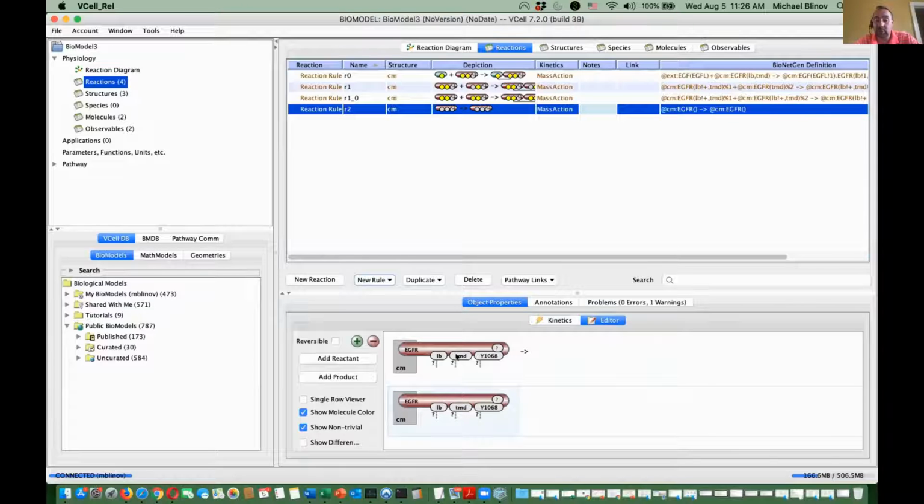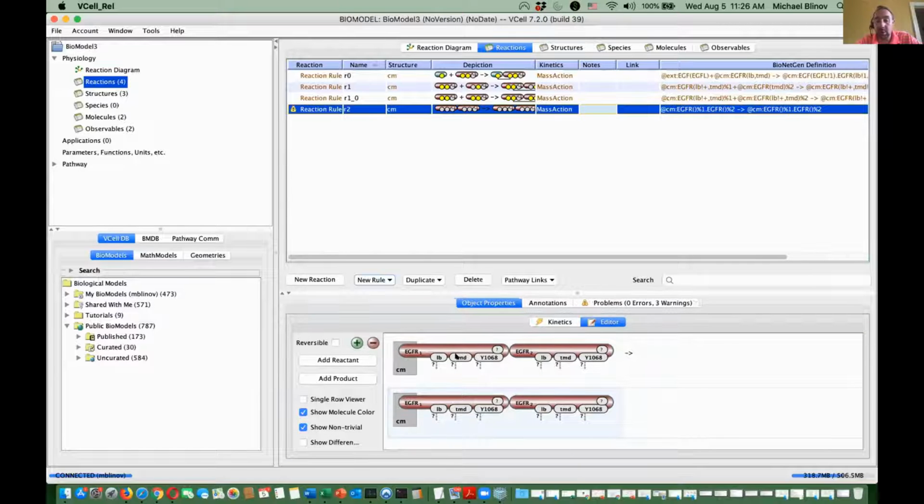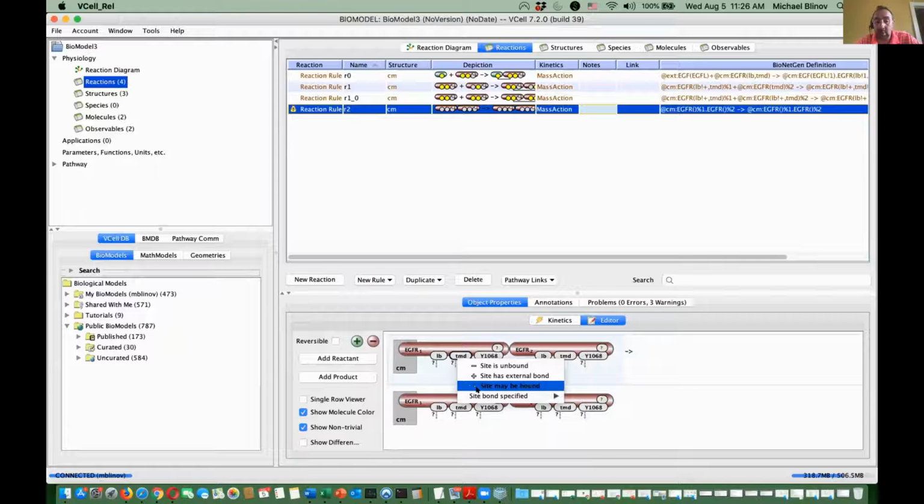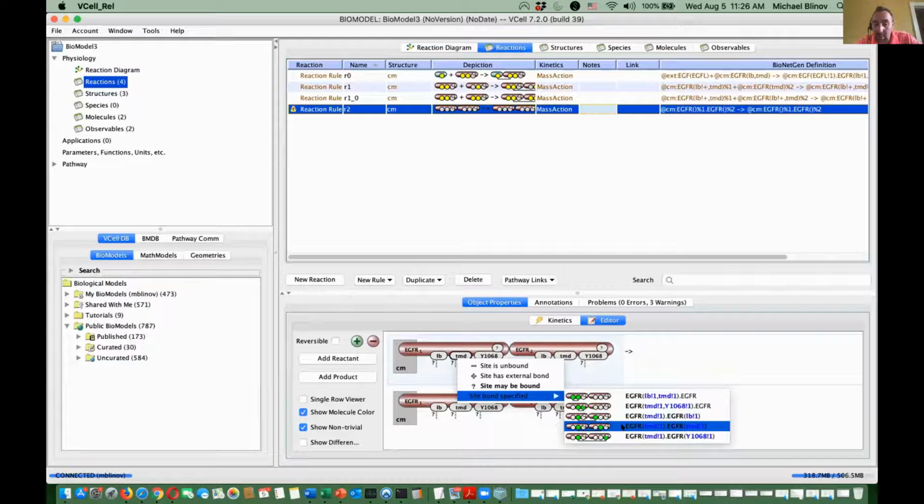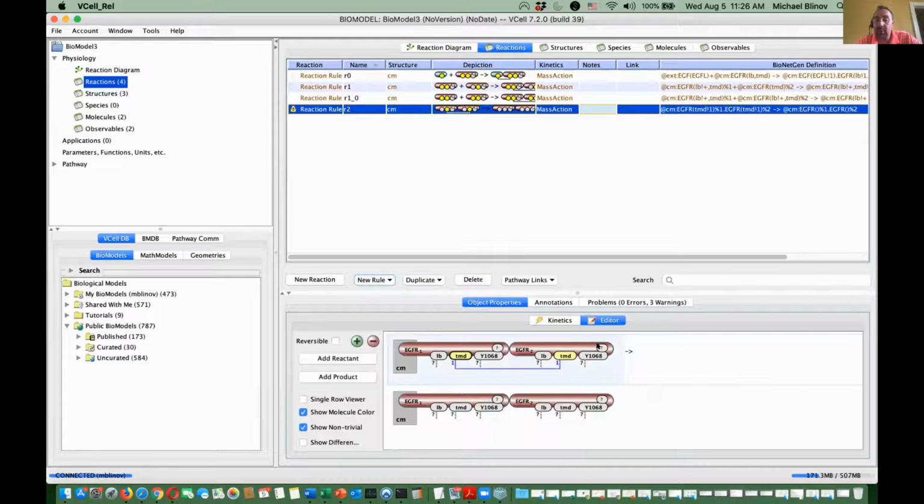So what it means is that we have a dimer, and if this is really a dimer and this site was unphosphorylated, then it will become phosphorylated with a certain probability.